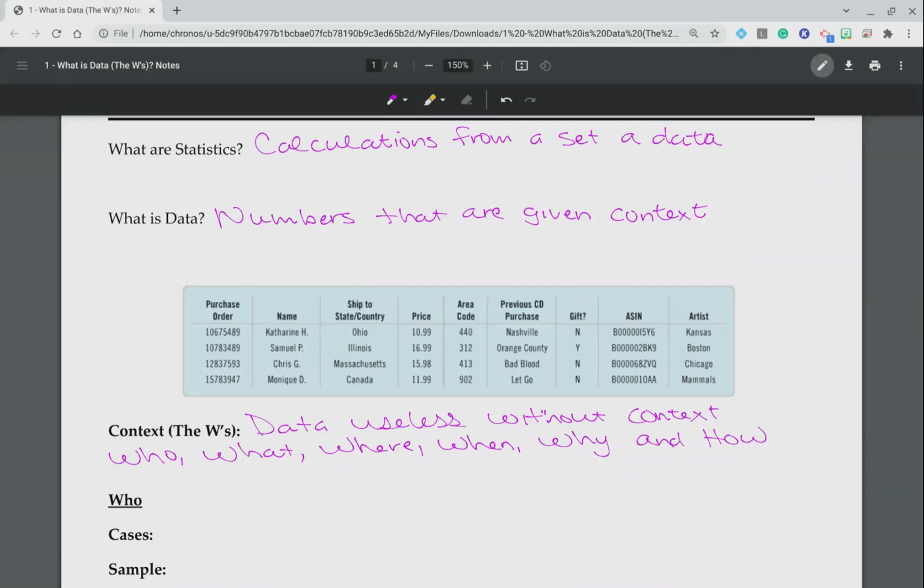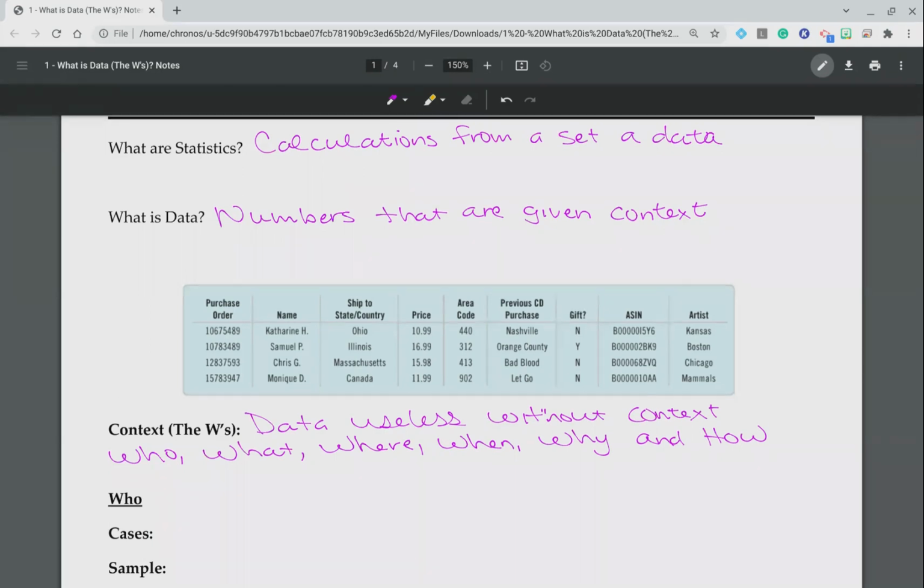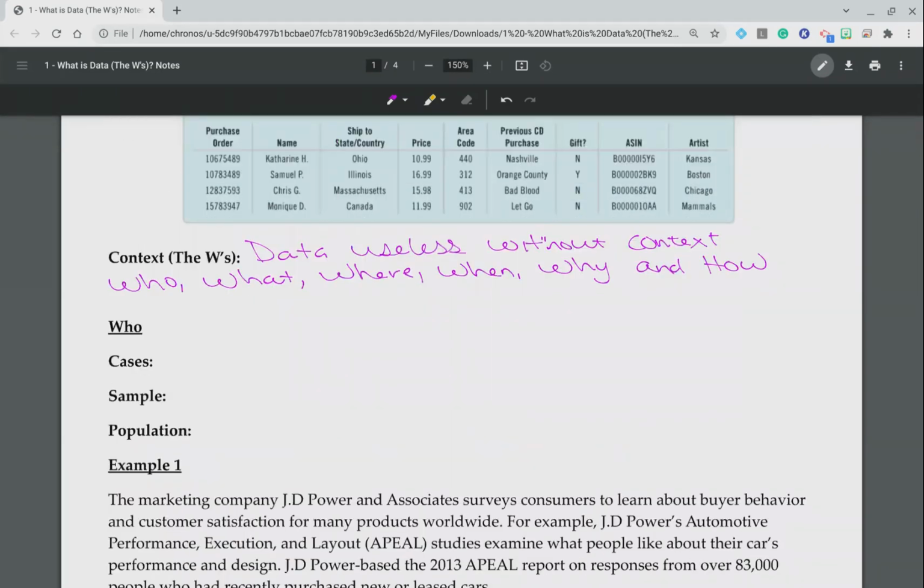Okay, so being in the COVID-19 pandemic, there's been a lot of statistical data about positive cases and positivity rates. This is all data that's given to us with context so that we can run a statistical analysis on it. Okay, so when we're referring to who, there's a couple more definitions we need to talk about.